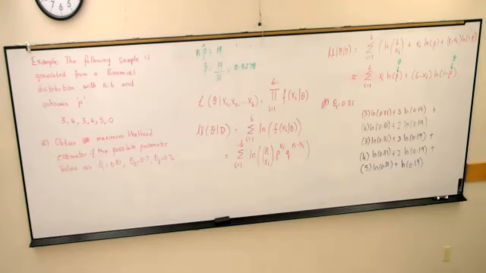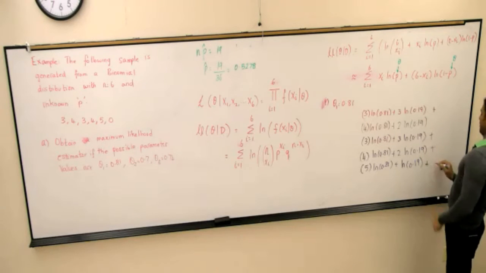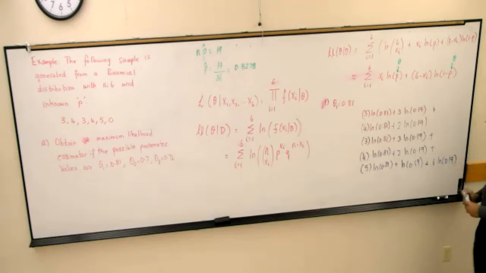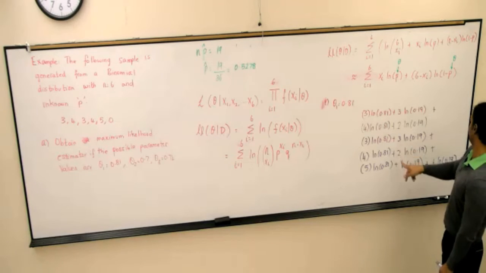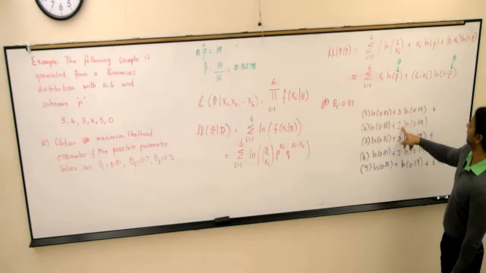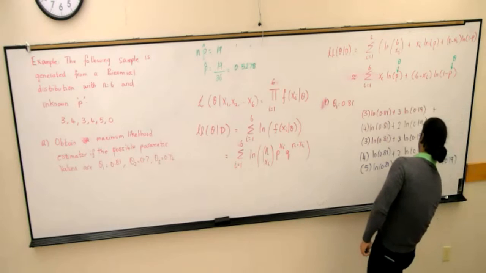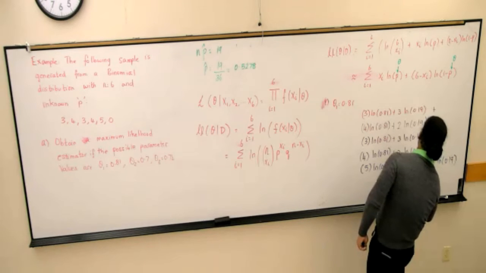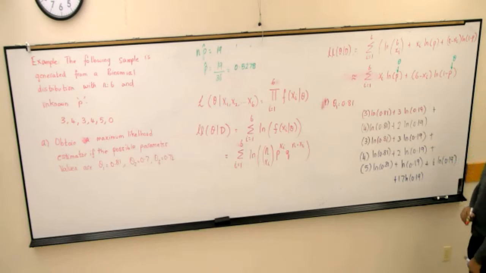What about the second half? The first part right here is 0, I forgot that one. So plus 6 minus 0 is 6 ln of 0.19. In total, we've got 6, 7, 9, 12, 14, 17 of ln of 0.19.